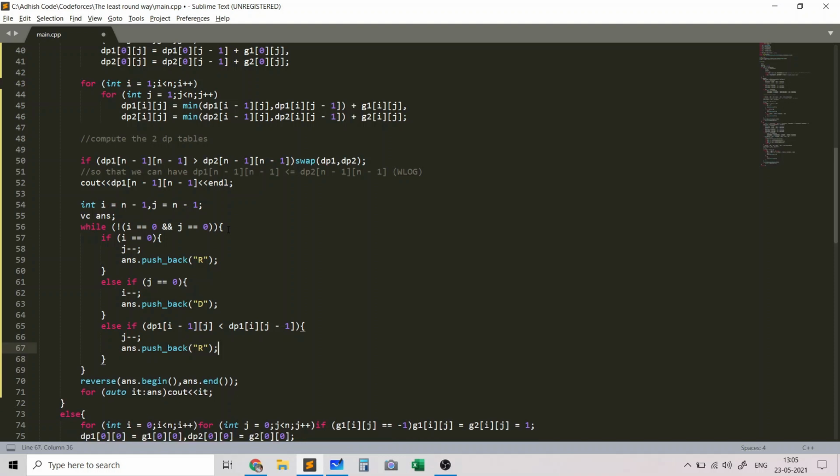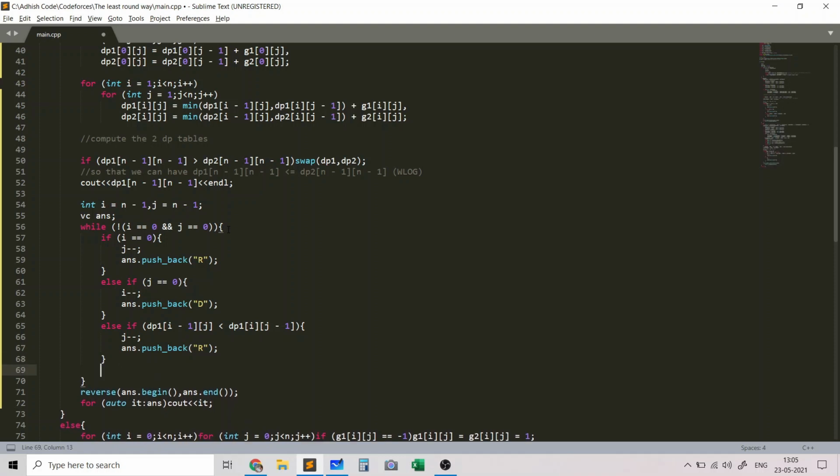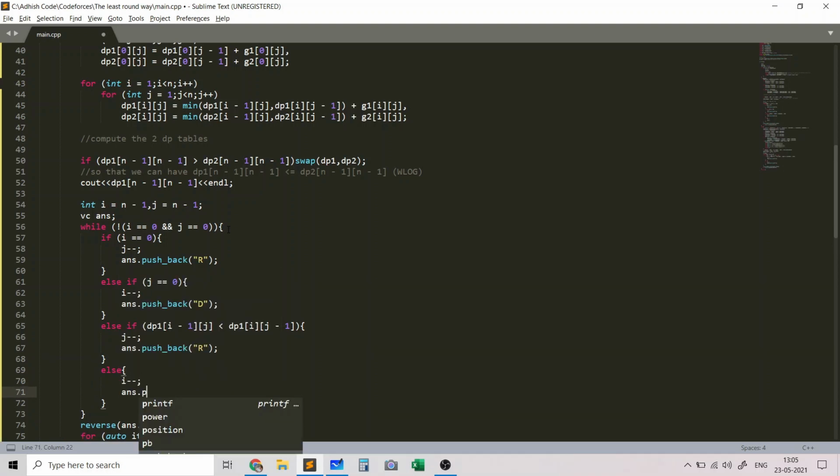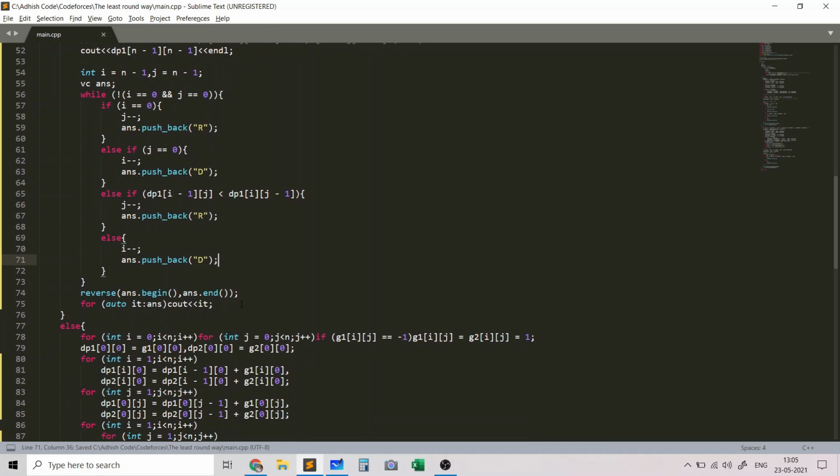Otherwise we know that dp1 of i minus 1 comma j is better, so we go to that location in the grid and we push back down. Then we reverse the answer, because we are doing a backtracking process over here, and print out each value in the answer.